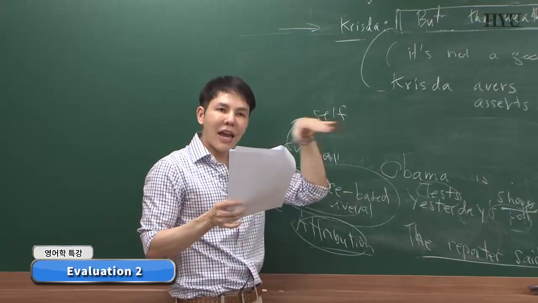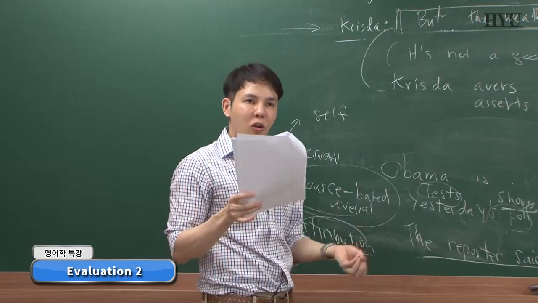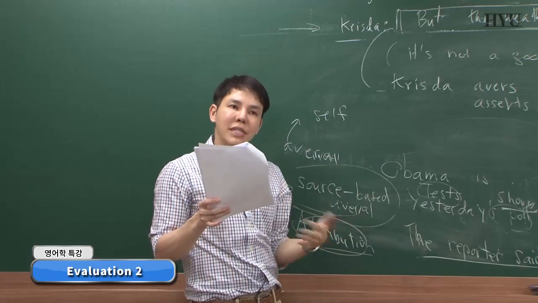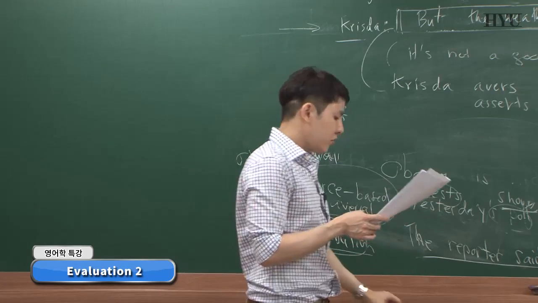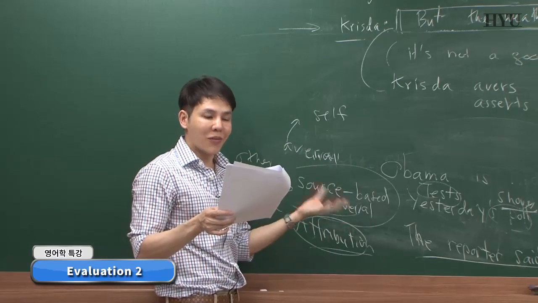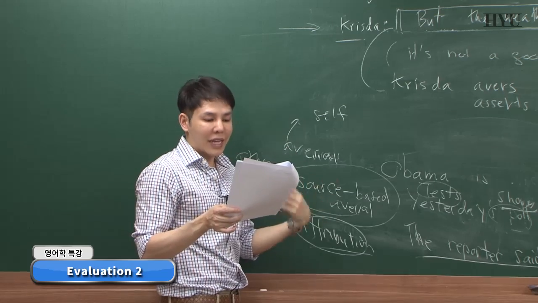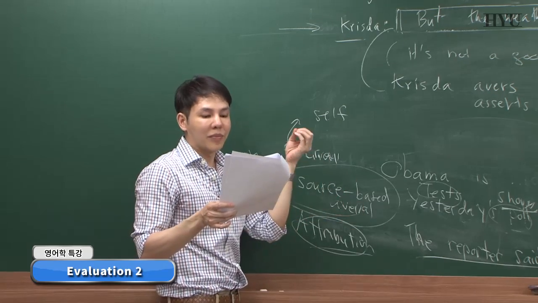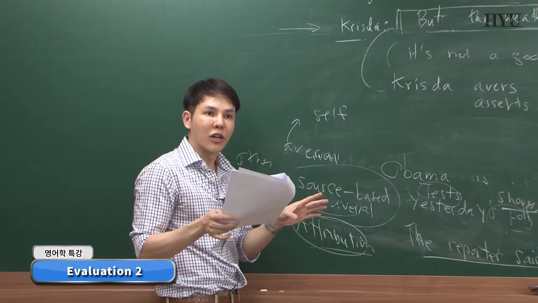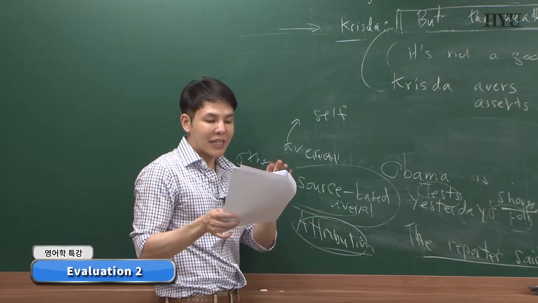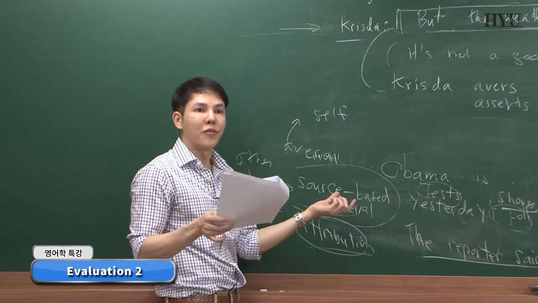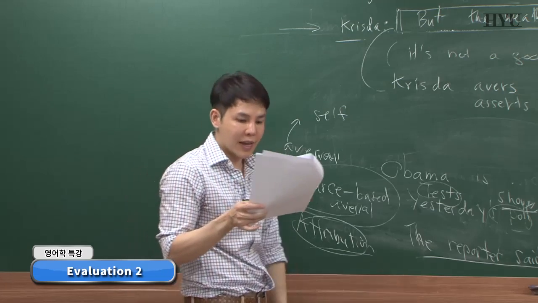My question is, that underlined part, is it an averral or an attribution? It's an averral. It's the writer who evaluates Pelé as the greatest ever football player, but he's not sure, perhaps. So that part is an averral, and the source is self, meaning the writer in this case.